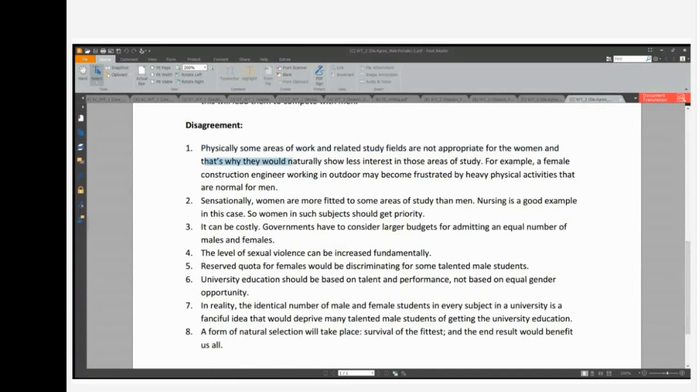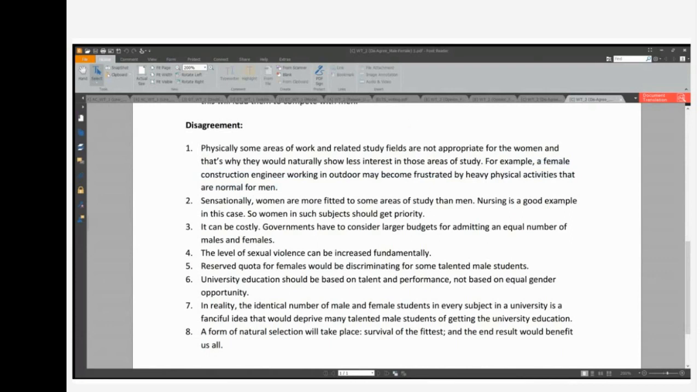For example, a female construction engineer working outdoors may be frustrated by heavy physical activity that is normally for males, because sometimes they have to carry very heavy machineries and items, which can be very problematic because you need a lot of muscle power behind that, and it is quite big physical work. So that is more stressful, and you need to be quite physically built up for those kinds of work sometimes.